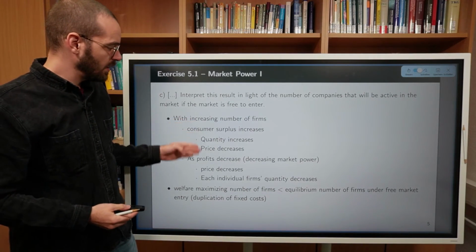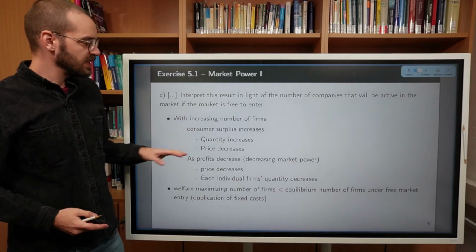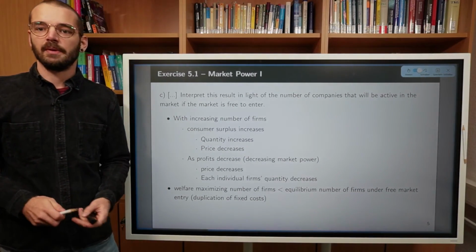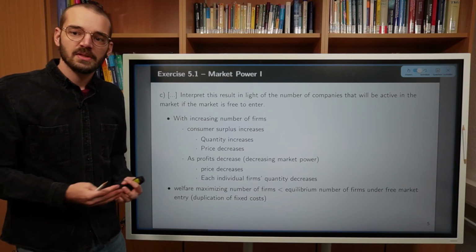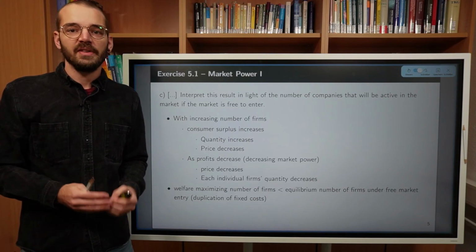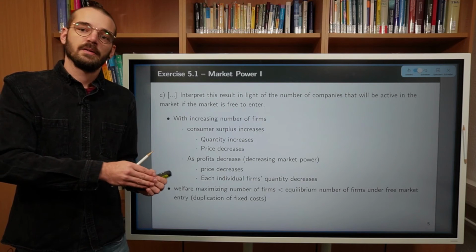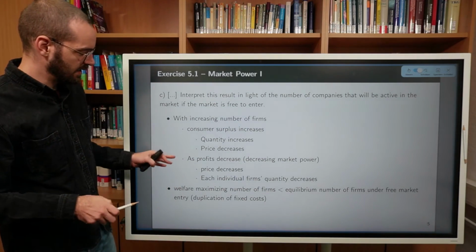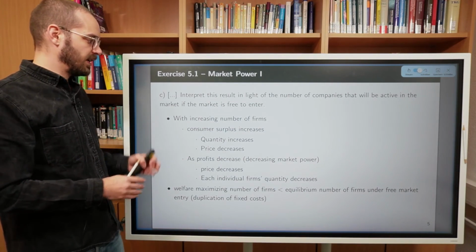Okay? So, bottom line is, with an increasing number of firms, we see an increase in the consumer surplus. At the same time, with an increase in the number of firms, the profits of each individual firm decrease. Not only the profits of each individual firm decrease, but actually the overall profits in the market are decreasing. Okay?